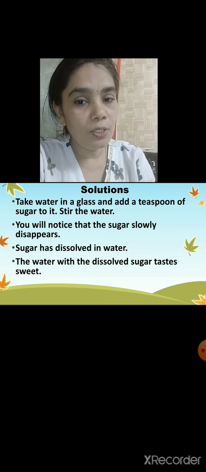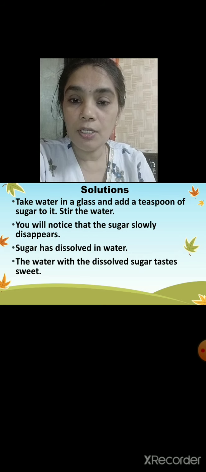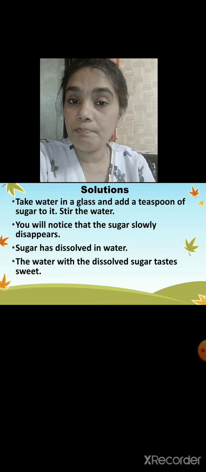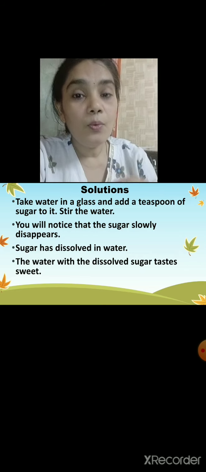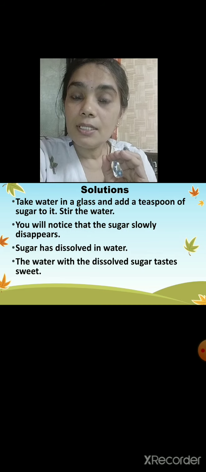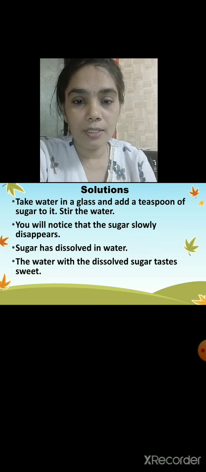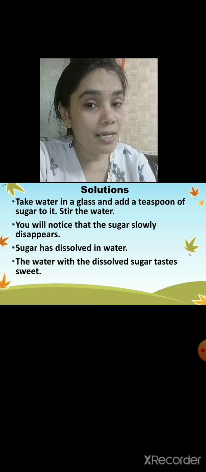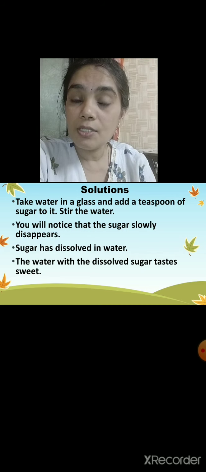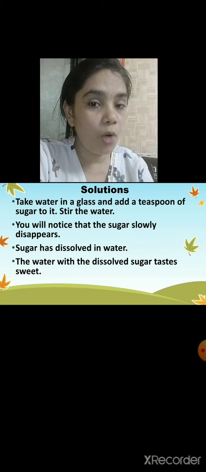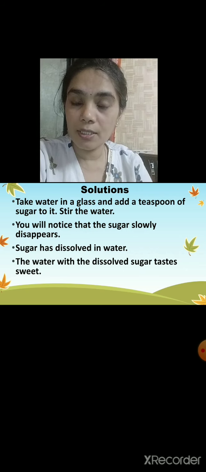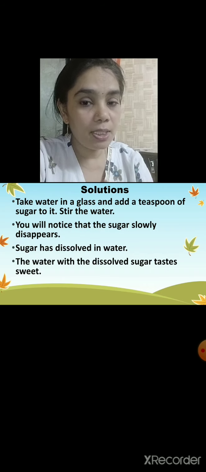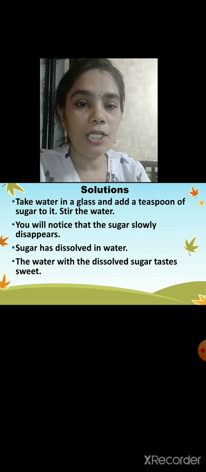You can notice that the sugar slowly disappears in the water, and it tastes very sweet. Have you tasted sugar water? Yes, when we mix the sugar in the water, that water tastes very sweet.